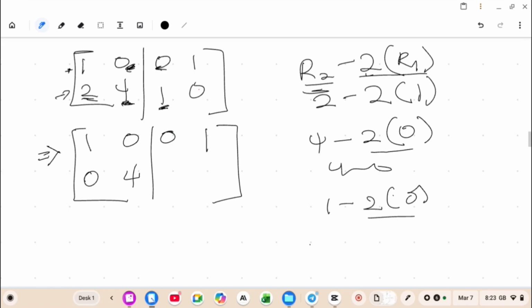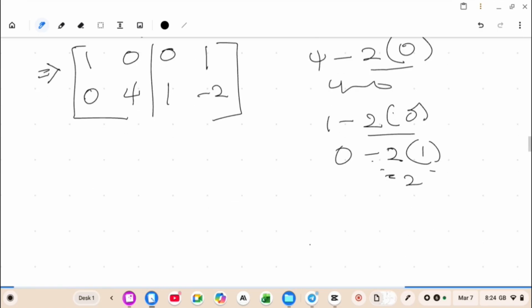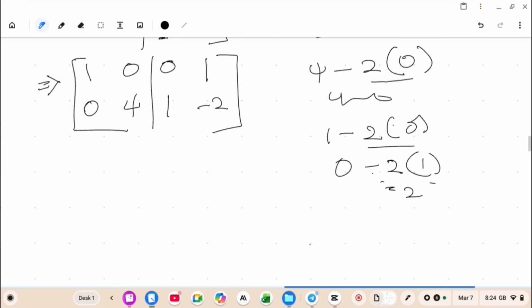So here is negative 1. We move to this side. 0 minus 2 multiplied by, here is 1. 2 times 1 will give you 2. Minus 0 is what? It is negative here, so negative 2. So now you've been able to change this 1 and this 0.